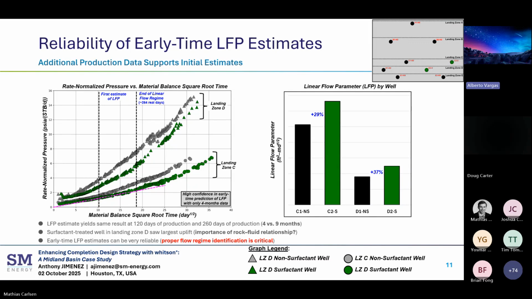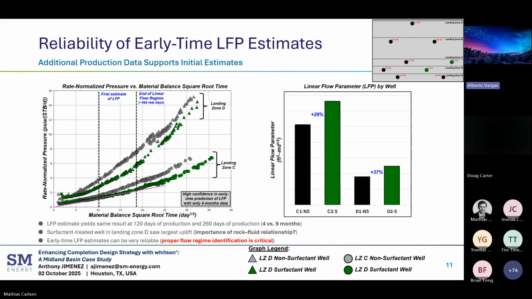Now there could be a lot of things at play here, but what becomes really important, and something that we did extensively before deploying any of this chemical in the field, is doing both fluid compatibility testing, but also rock fluid compatibility testing in the lab, and then understanding what that impact will look like here in the field. And there could be a lot of things going on, but we think that that is definitely something that could be taking place.